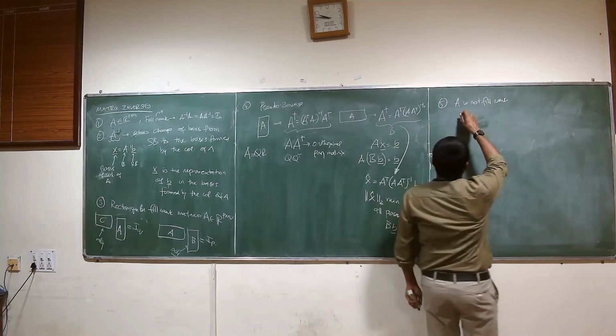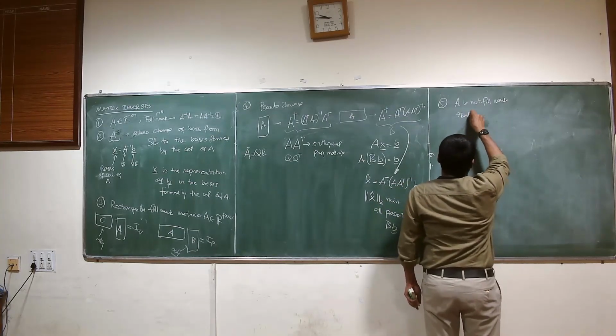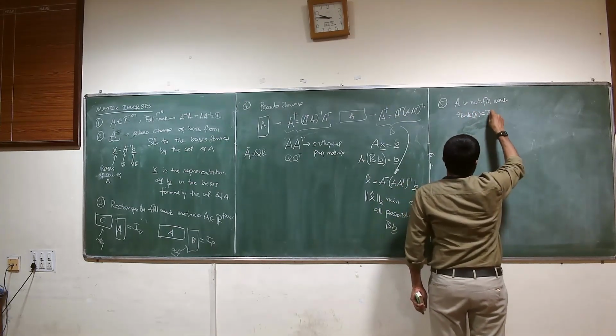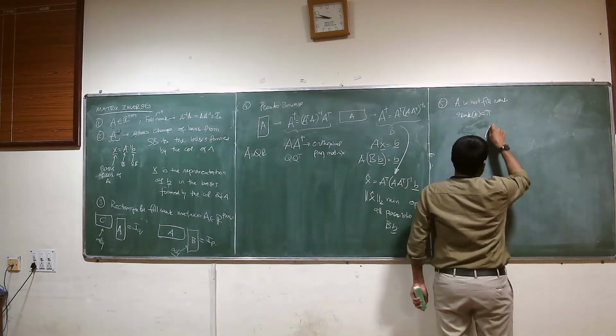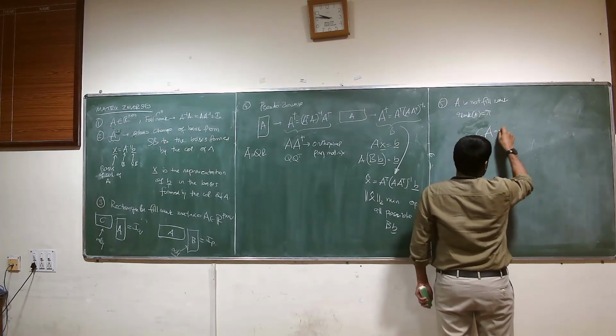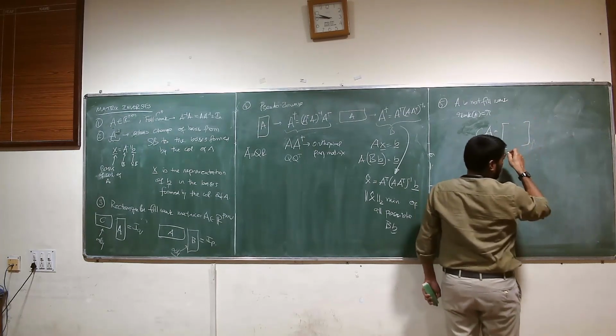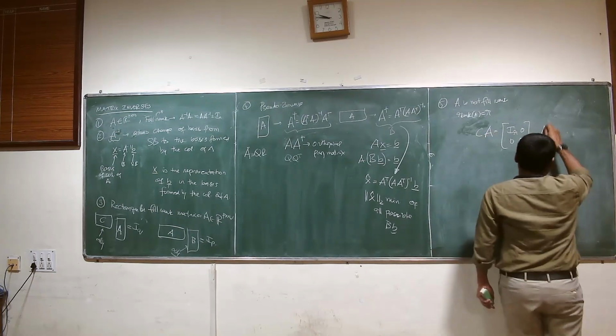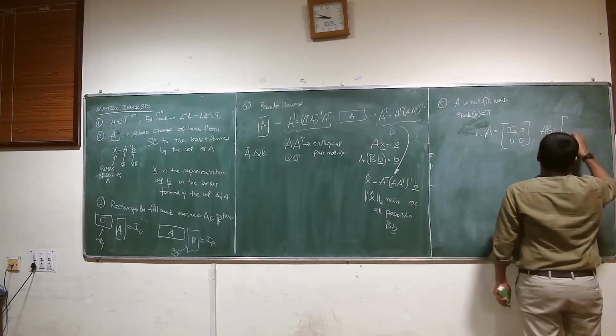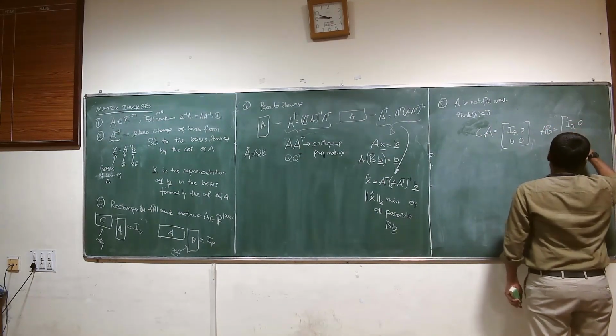Let's say the rank is r. We cannot. What can we get? If you have A multiplied by C, what can you get? All you can get is this, or if it's fat, this is all you can get.